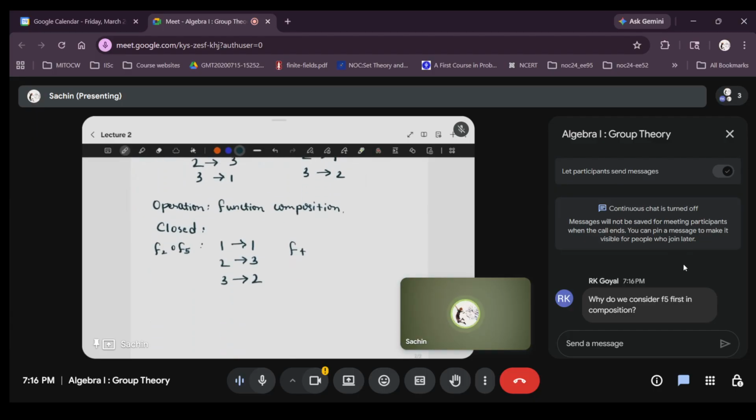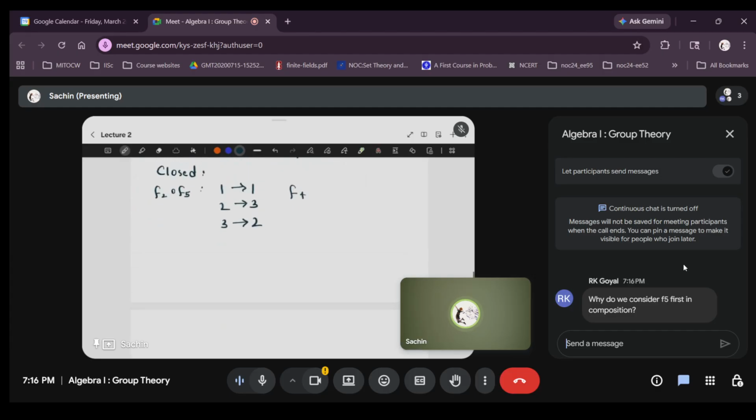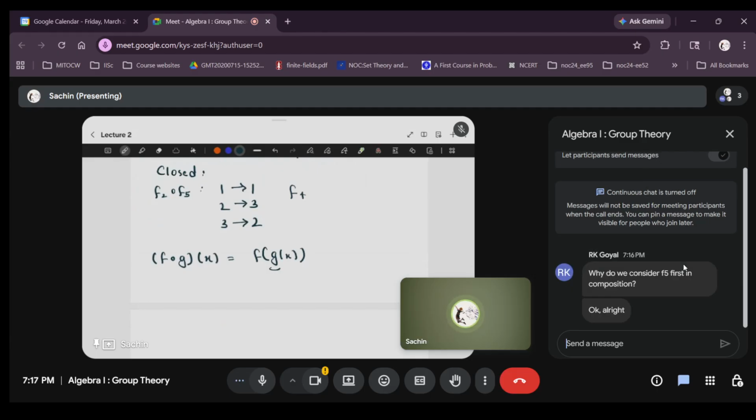This is nothing but composition of functions that I had defined in yesterday's class. We had defined f circle g as the function which sends the element x to f of g of x. So first you consider g of x and evaluate f at the point g of x. That's by definition of composition.